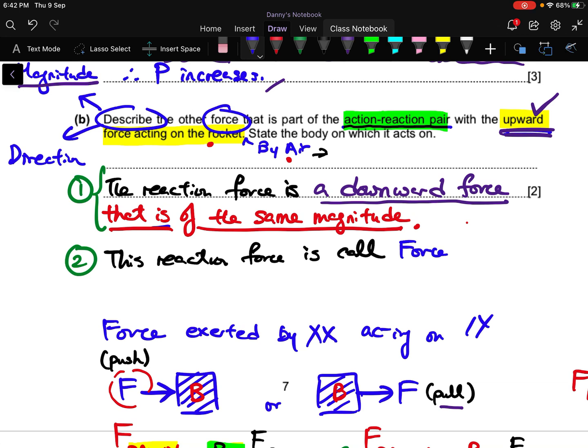The reaction force is called what? Well, it's called force acting on rocket, right? Now I cannot say acting on rocket already. I must swap with this guy, so I just use the same lingo: acting on the air. Then what? By air, I cannot say by air already. I must swap with this, or by rocket.